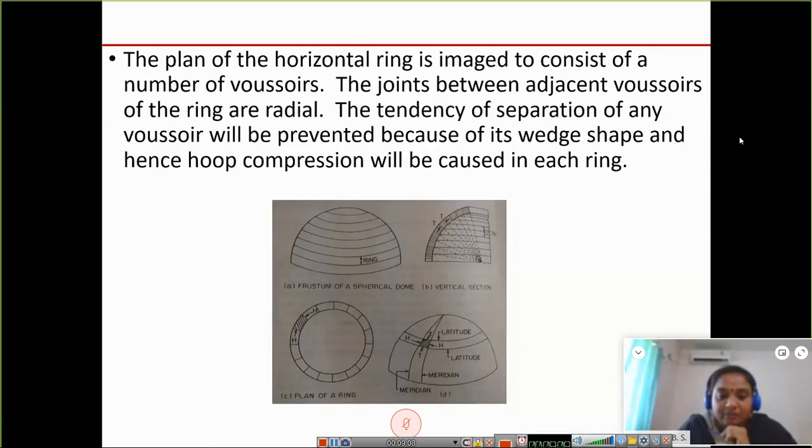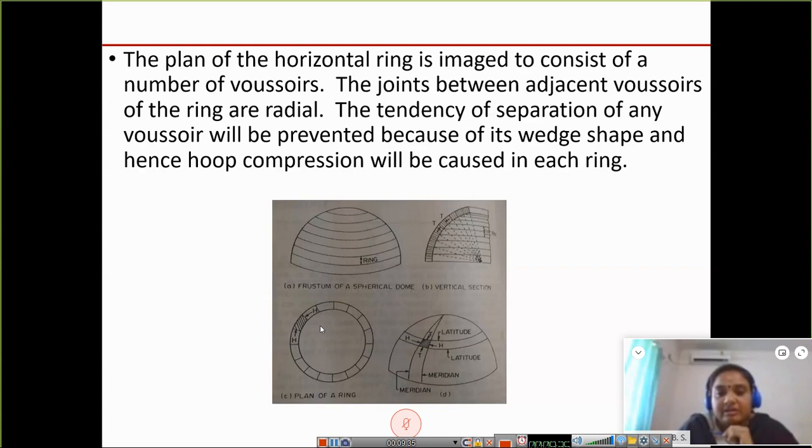Now, the plan of the Vaussier. So this is the plan of the horizontal ring I'm talking about. As you go ahead in the top direction, this diameter is going to reduce. So you'll have smaller rings inside this one. Suppose this is one ring, and this is the plan of the ring.